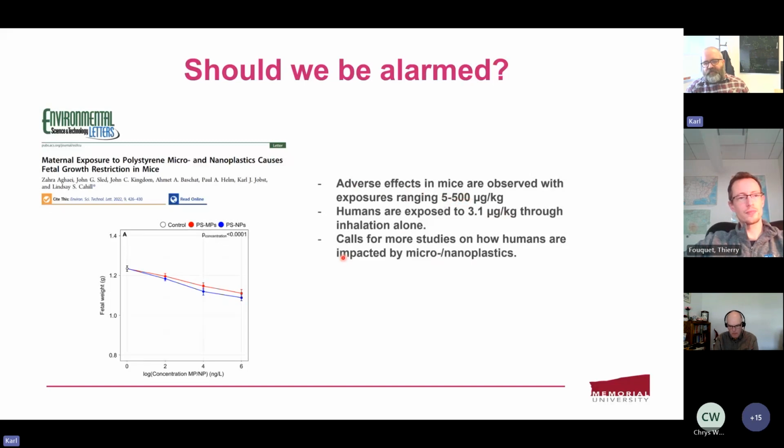So I would say the levels we're seeing are actually reassuring, that maybe we shouldn't be alarmed about these exposures, but still work needs to be done to refine the analytical work and to get a more comprehensive picture of what our exposure is.